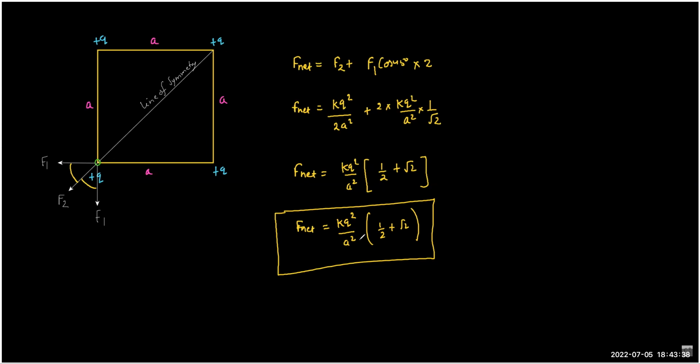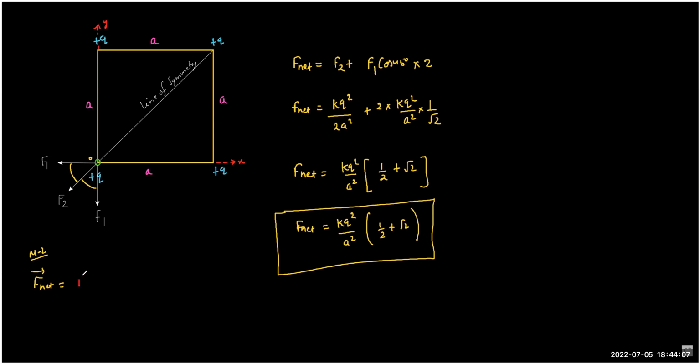I hope those who have got the answer must have got this answer. The other way of doing it is to write every force in vector notation, i cap and j cap. You can choose some suitable x and y coordinate system on your own. You need to think about how you're going to choose it.